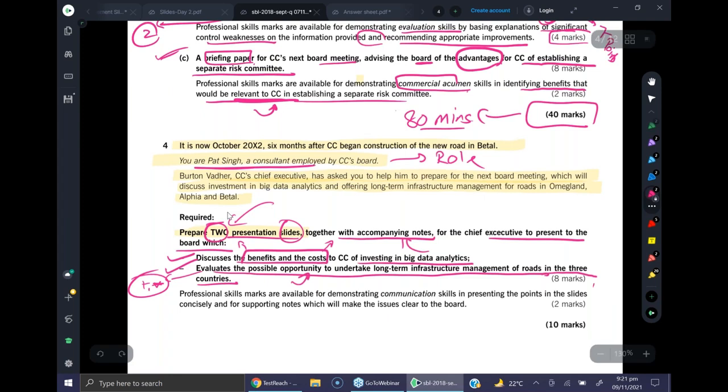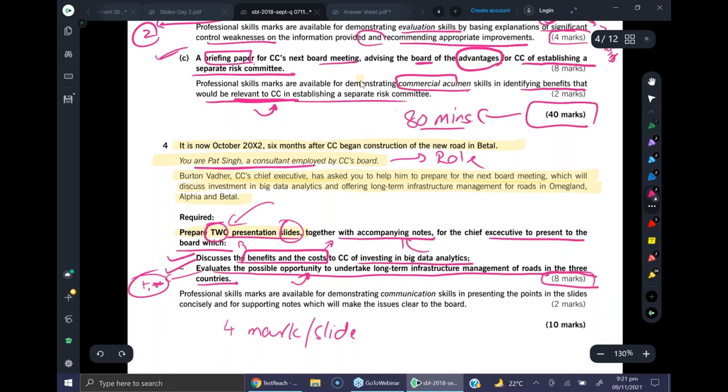And how many slides do we have to make? 2 slides. So can I say 4 marks per slide? Exactly.